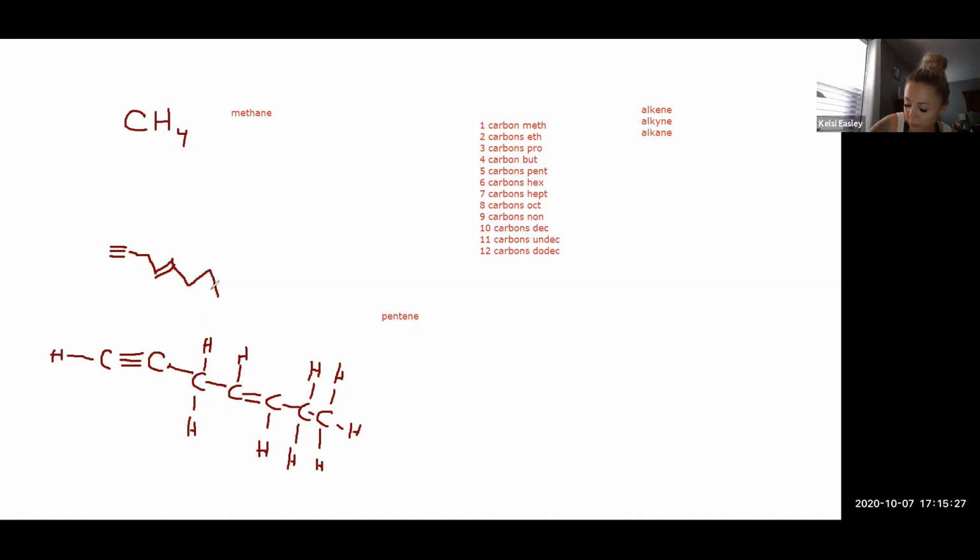Okay, so every end represents carbon. So if we count how many carbons this guy has, we have 1, 2, 3, 4, 5, 6, 7, 8. Although I counted too many. 1, 2, 3, 4, 5, 6, 7. I gave me too many bonds. So that's 1, 2, 3, 4, 5, 6, 7.